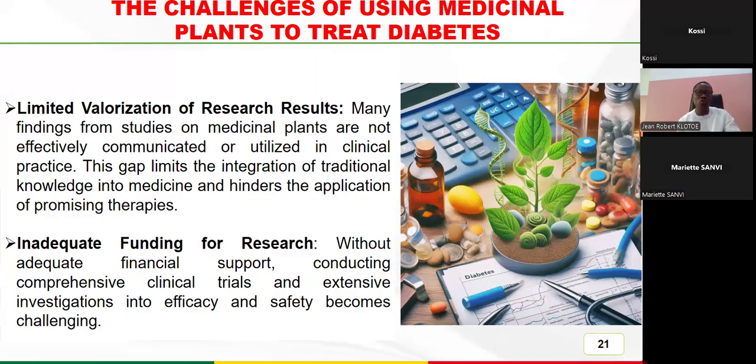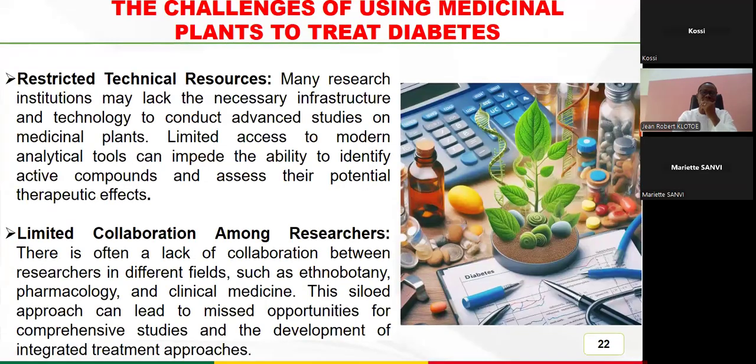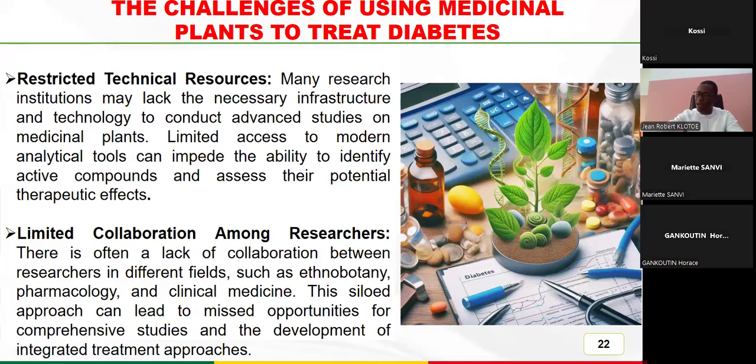We also have to talk about the lack of funding. All these challenges can also be seen in the way our research platform in Africa is presented.